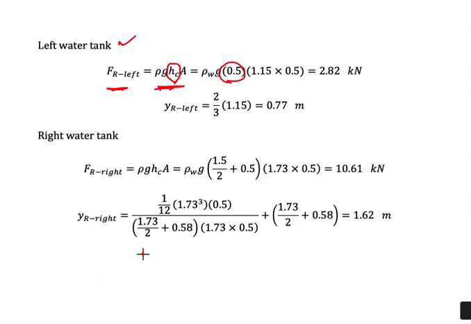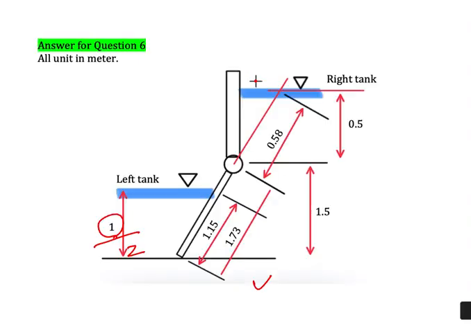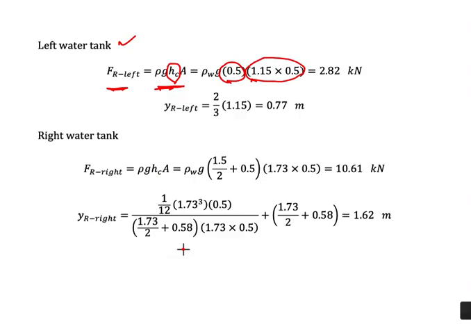And then the submerged area is 1.15 times 0.5. So this is the length of 1.15, which is the submerged area here, multiplied by 0.5, which is the width of the gate. So we get 2.82 kilonewton.